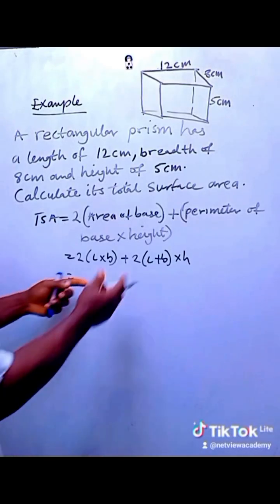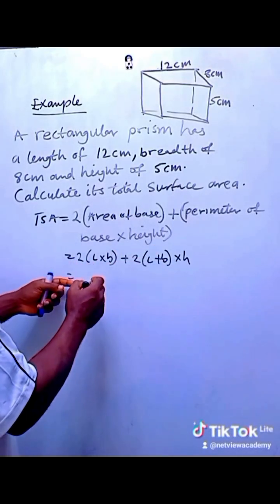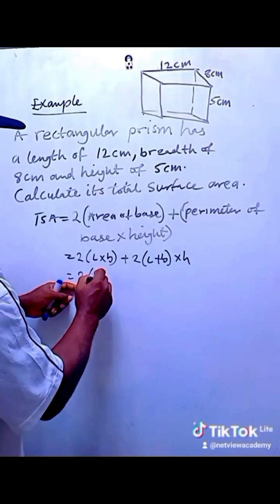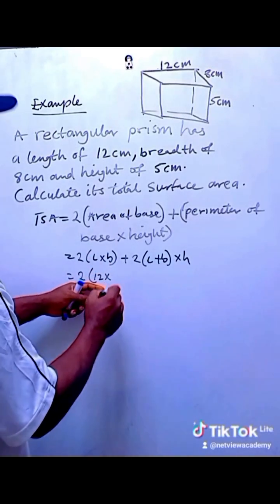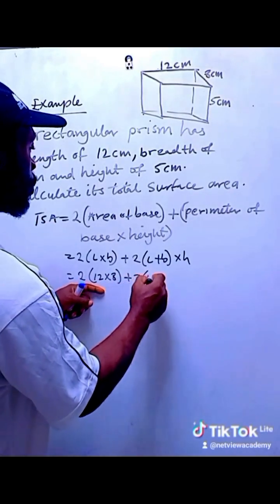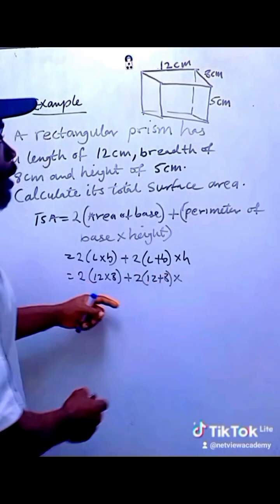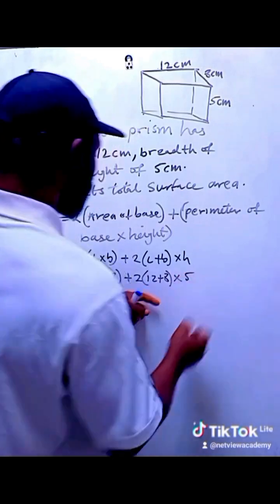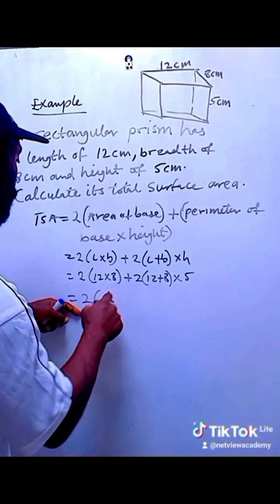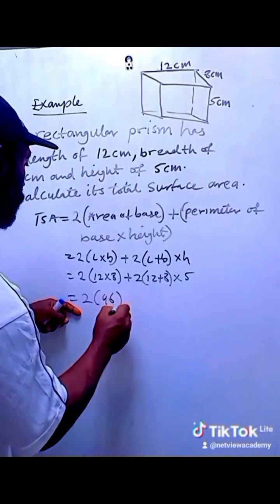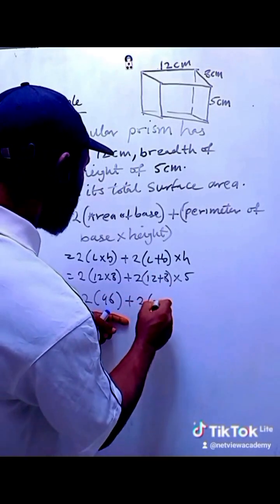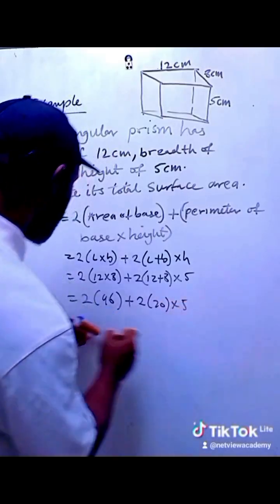Therefore, if we substitute values into this, we have 2 multiplied by the length of the prism, which is 12 centimeters, multiplied by the breadth, which is 8, plus 2 multiplied by 12 plus 8, multiplied by the height of the prism, which is 5. So 2 multiplied by 96 plus 2 multiplied by 20 multiplied by 5.